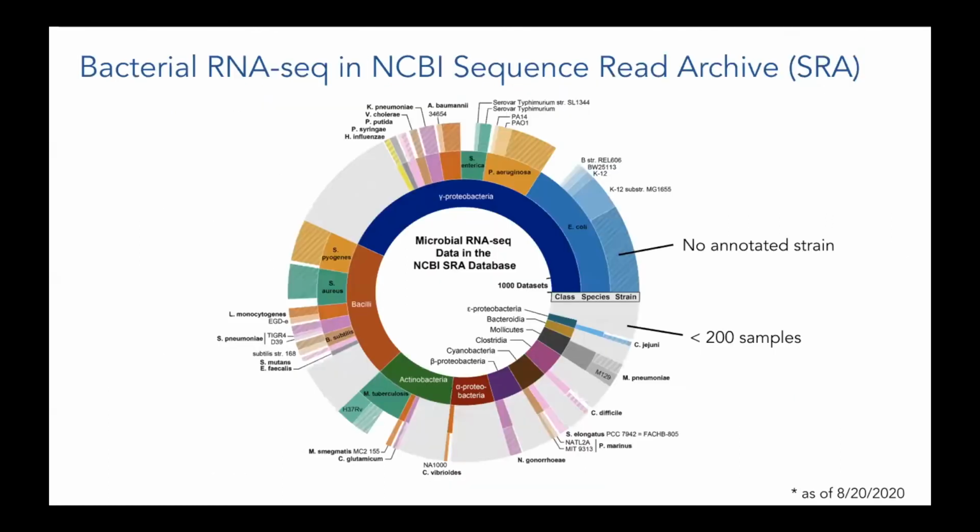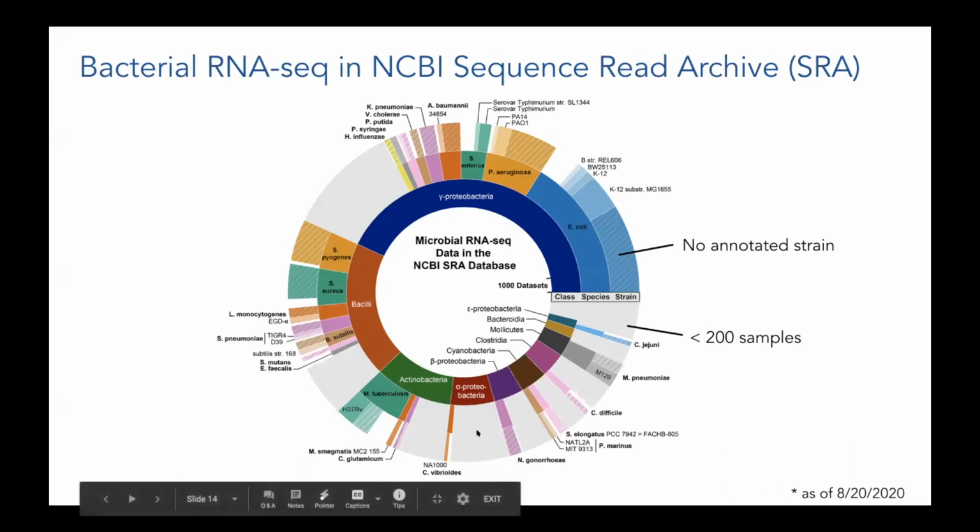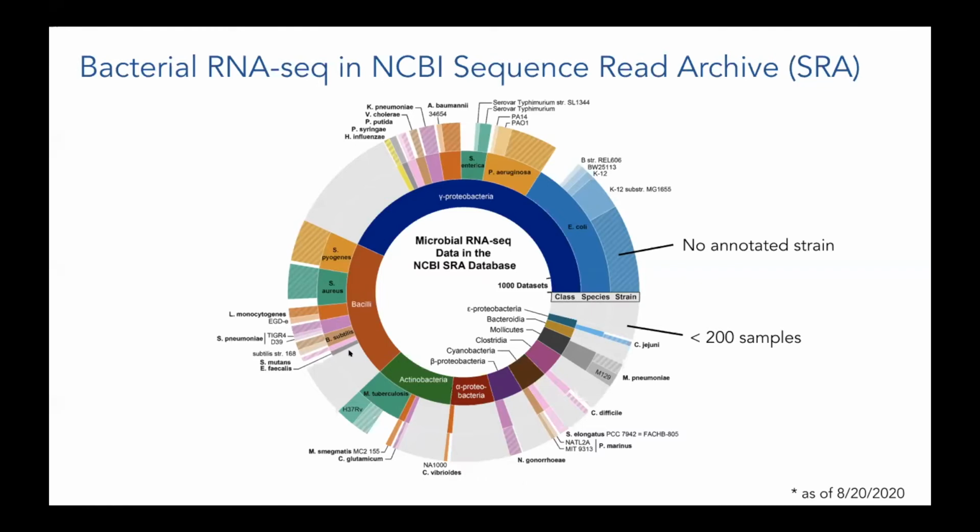Because we have all of these tools in place, we decided to look at all of the available data from microbial RNA-seq data in the NCBI Sequence Read Archive database. This is a graphical description of that. Here we see about 1,000 data sets, so there's a lot of data sets across a lot of different classes of bacteria and many species.